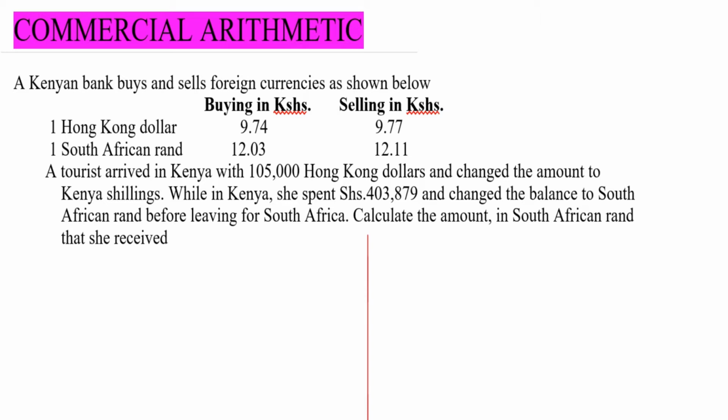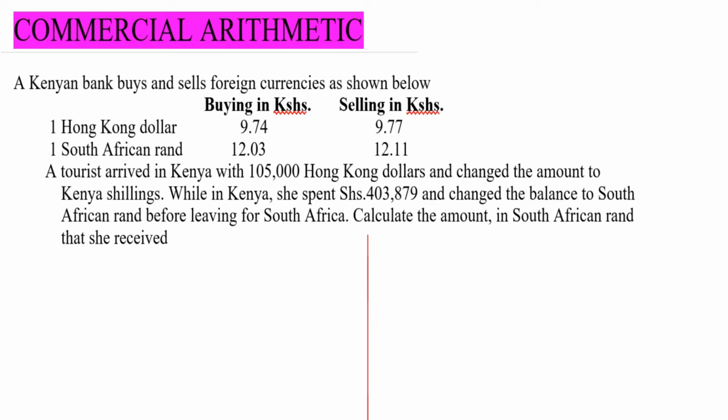So let's begin solving the question. This is a tourist who arrived in Kenya with 105,000 Hong Kong dollars. So we start by changing 105,000 Hong Kong dollars to Kenyan shillings.